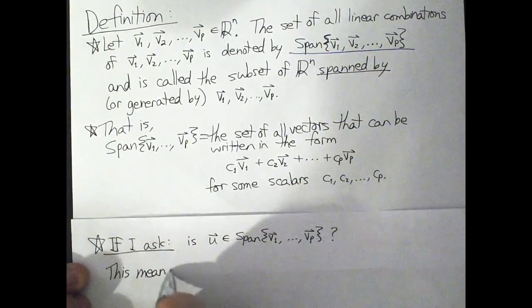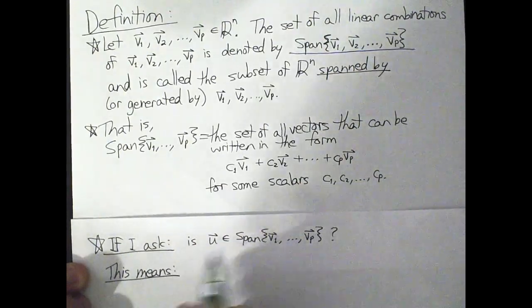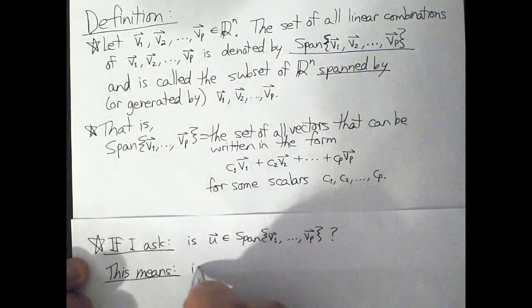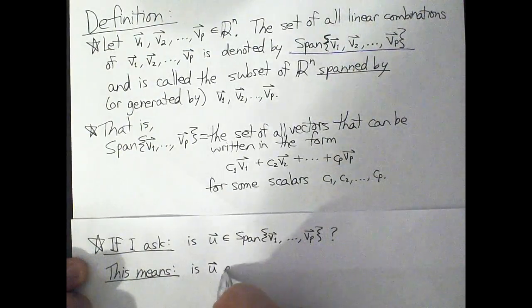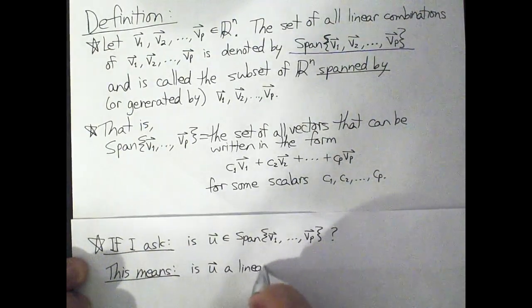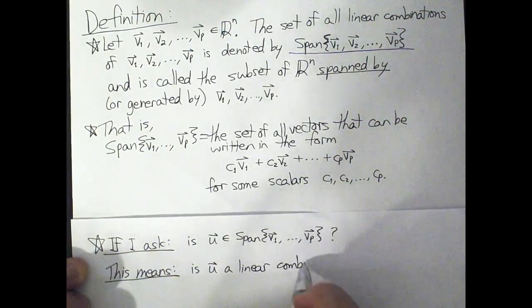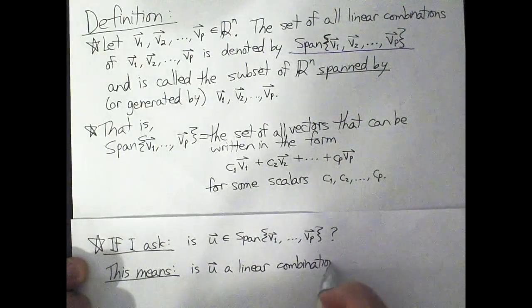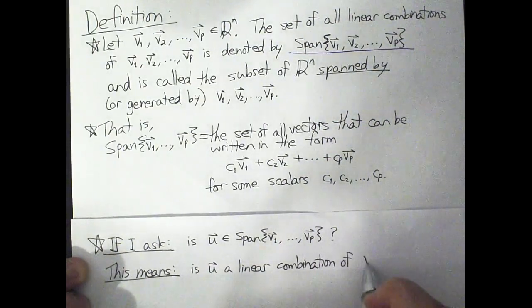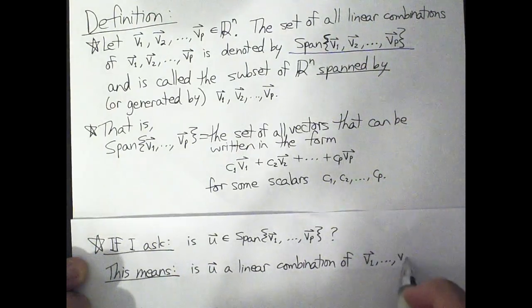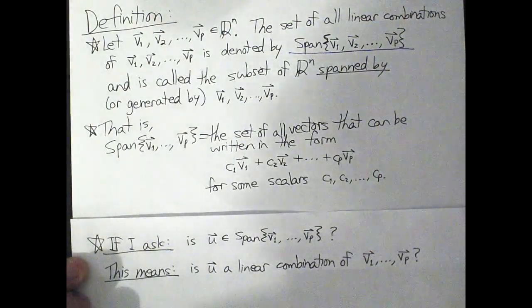This means, is u a linear combination of v1 through vp? That's also a yes or no question.